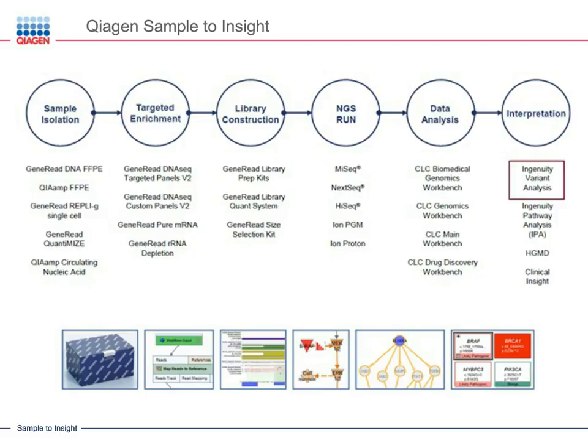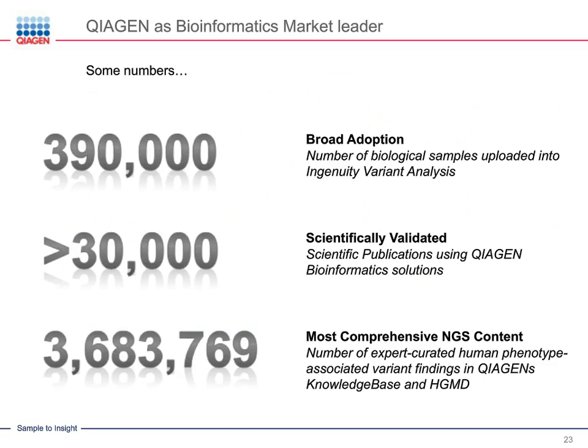Just to give you some numbers, the bioinformatics offerings that QIAGEN provides are broadly adopted. For example, my product, Ingenuity Variant Analysis, has had close to 400,000 human samples uploaded and analyzed. Our entire portfolio has already produced over 30,000 scientific publications.